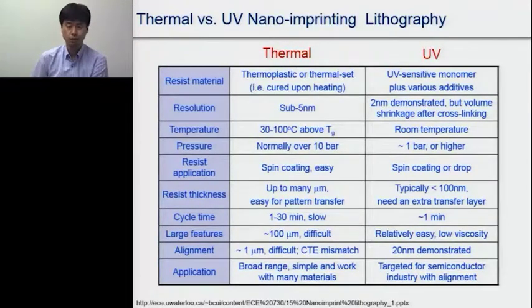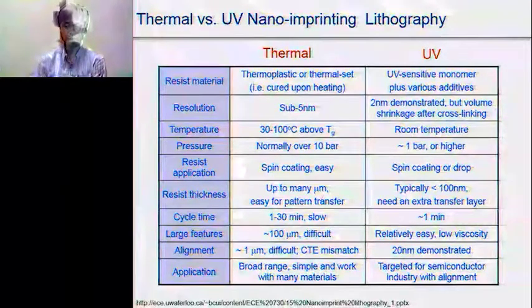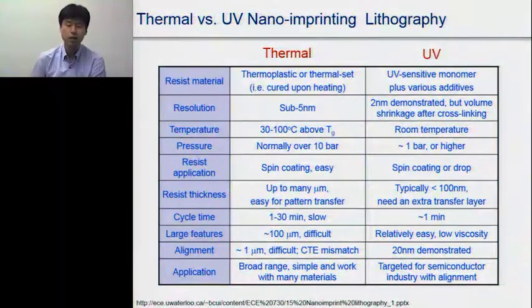So let's briefly compare the two technologies used for nano-imprinting. Nano-imprinting is based on the resist type, which is coated on a substrate. Based on that material, we have two techniques: thermal and UV nano-imprinting lithography.